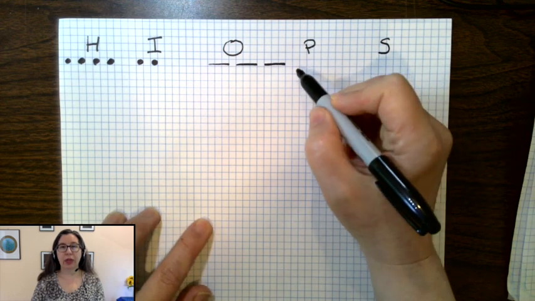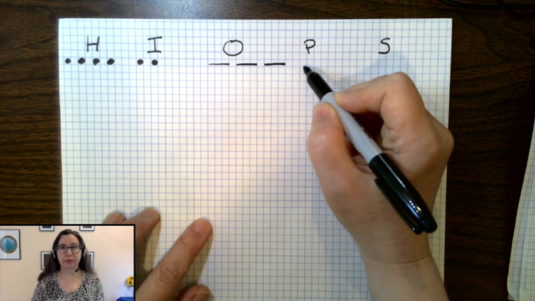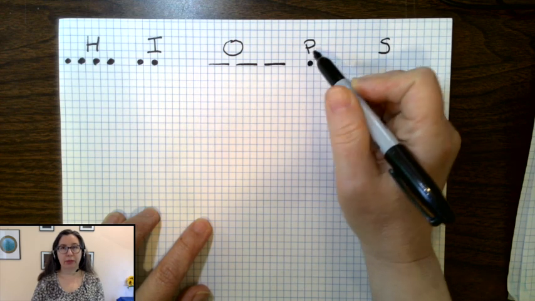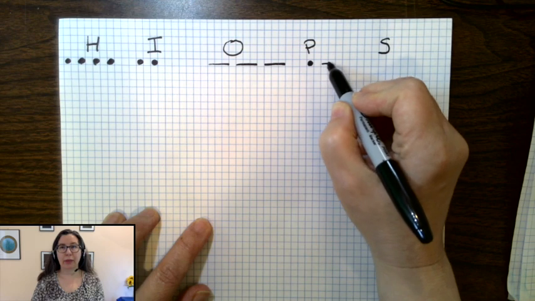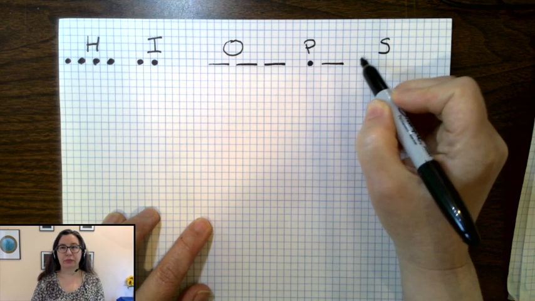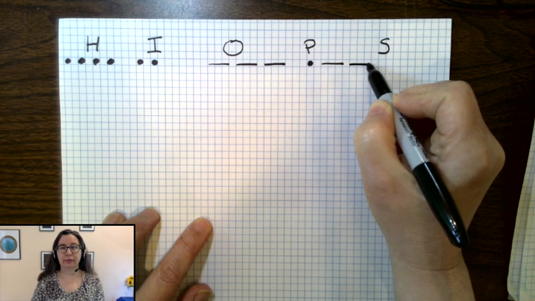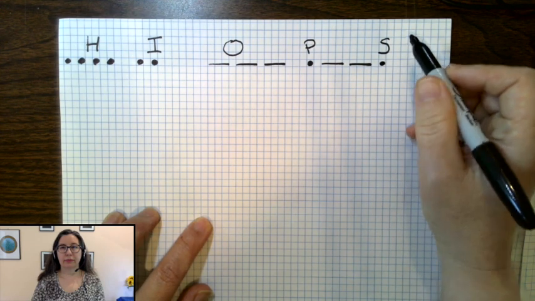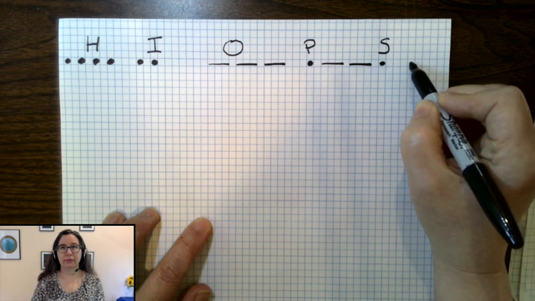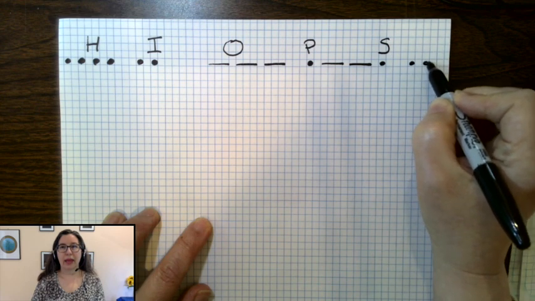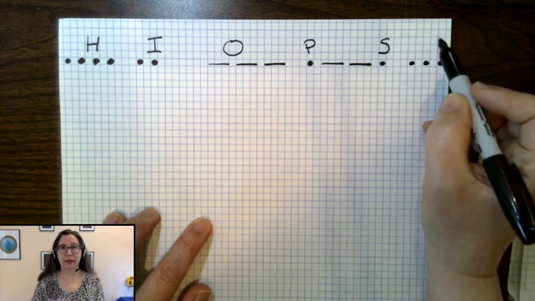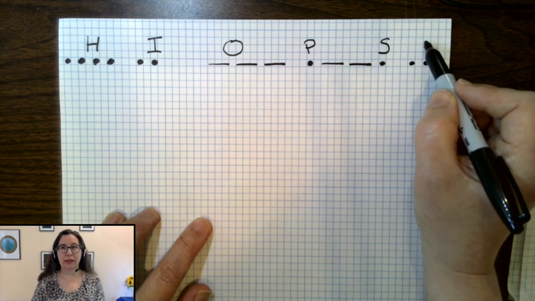I'm making each one 3 boxes long. Then I leave 3 empty boxes before I start my next letter, the letter P. And then I leave 3 boxes as the space before my letter S, which is 3 dits.